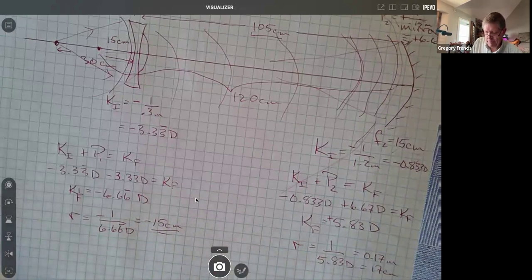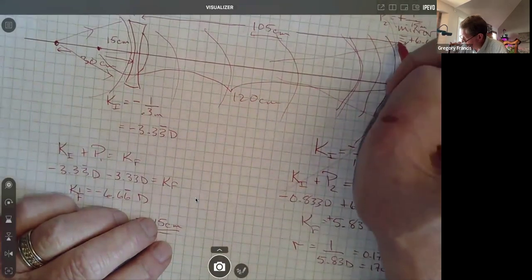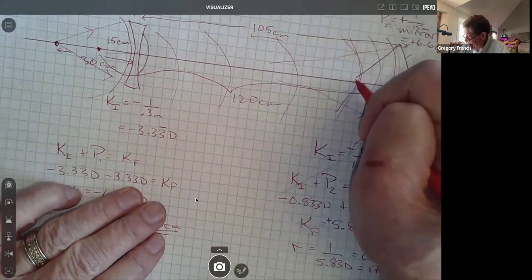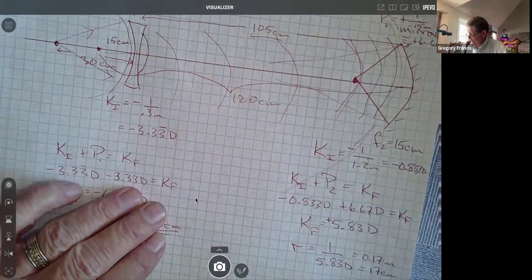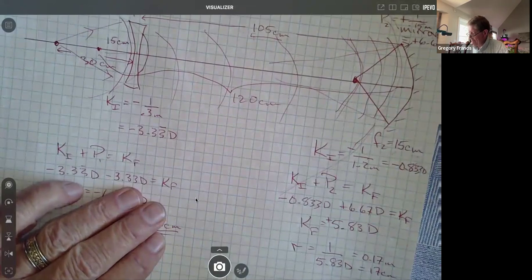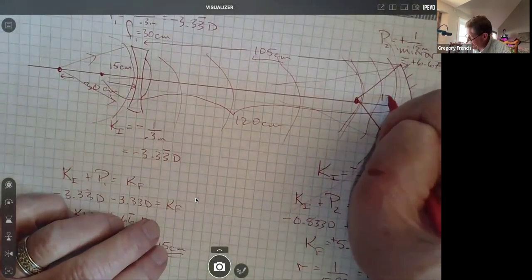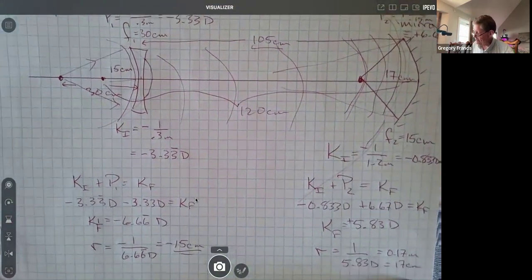Okay. And so it's all going to come together right here. And it's going to form a real image. Okay. Now that's 17 centimeters to the left of the mirror.